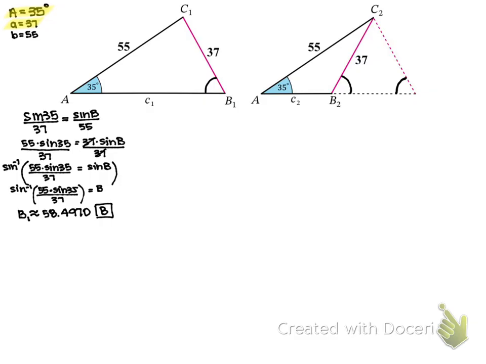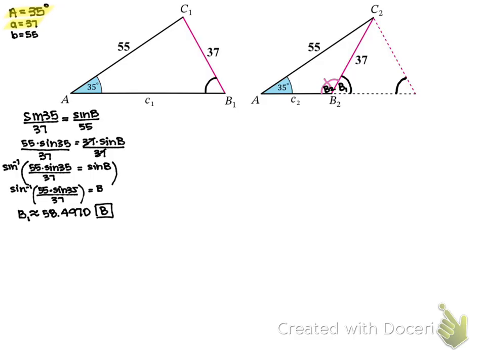If the second triangle exists, then this B2 angle that I'm going to mark in pink is going to be supplementary. So B1, which is right there, and B2, which is right there, have to add up to 180 degrees.